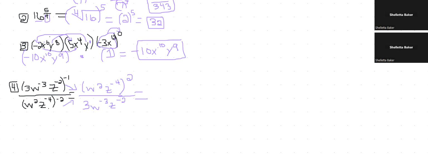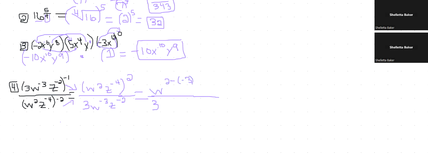Now we want to combine those terms that are alike. So we don't have any numbers to combine with the 3 in the denominator, so we'll just keep 3 in the denominator. Now our w's, so we have w to the power of 2 divided by the power of -3. Remember, your quotient rule tells you to subtract these exponents, so that will be 2 minus -3 for the W variable.